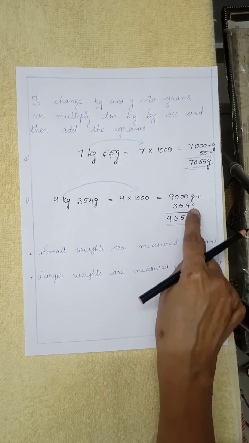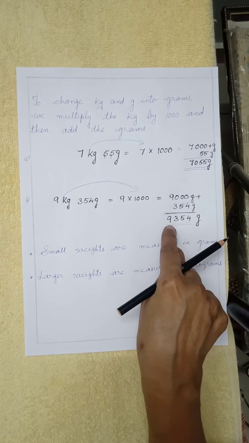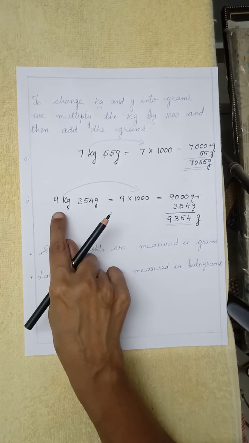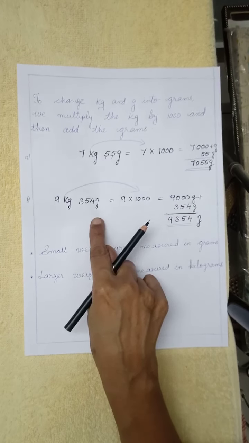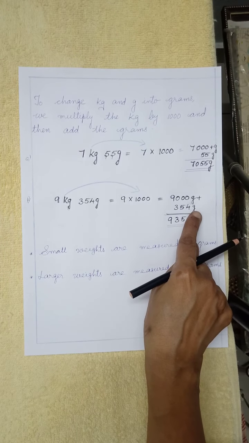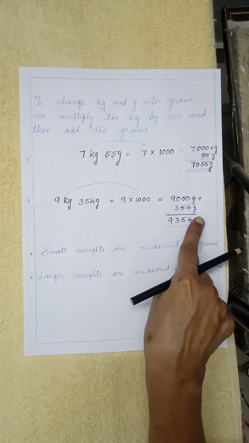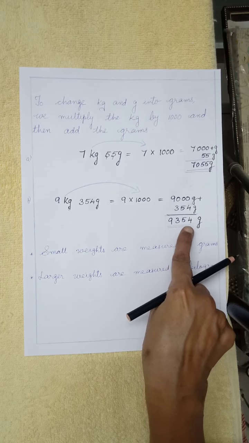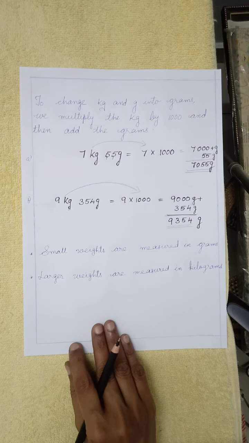Add 0 plus 4, 4, 0 plus 5, 5, 0 plus 3, 3, bring down this 9. Then add the grams. So 9000 plus 354 grams equals 9354 grams.